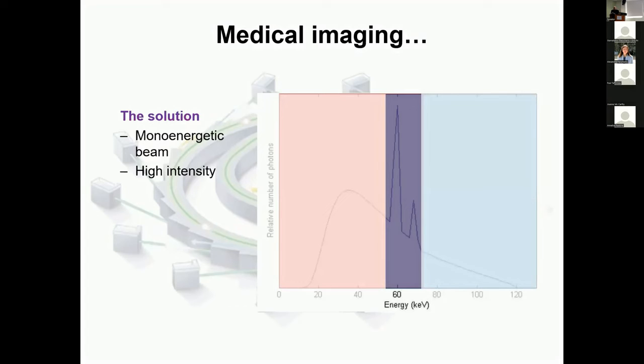Which is the solution? The solution is to work, speaking for a typical X-ray spectrum, in this part of the spectrum, where we have an almost monoenergetic beam, but the problem remains regarding the high intensity of the beam.